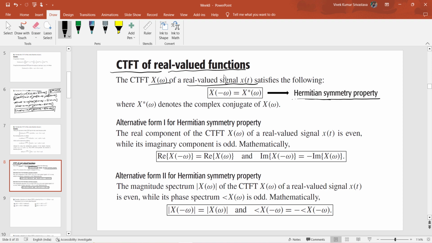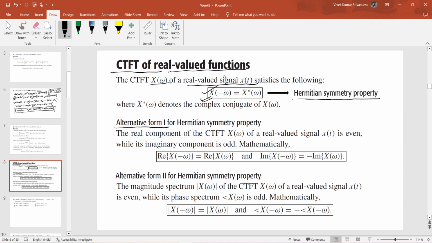This Hermitian symmetric property is nothing but x of minus omega is equals to x of omega conjugate. Okay, so this Hermitian symmetric property can be represented in an alternative way. Here is the alternative form of the Hermitian symmetric property.